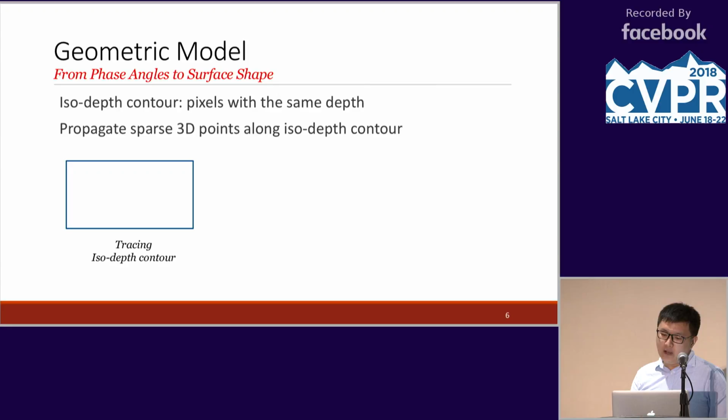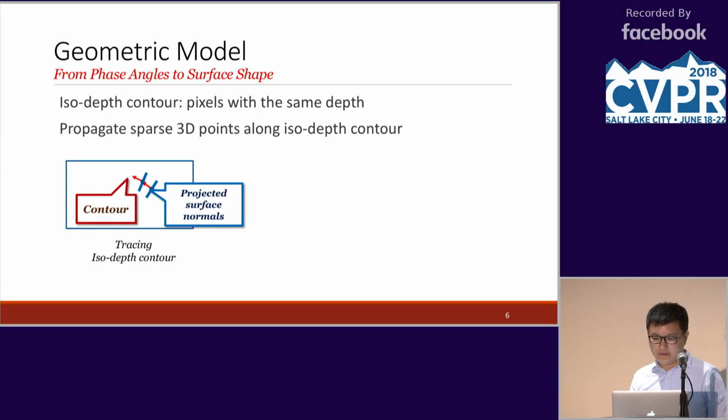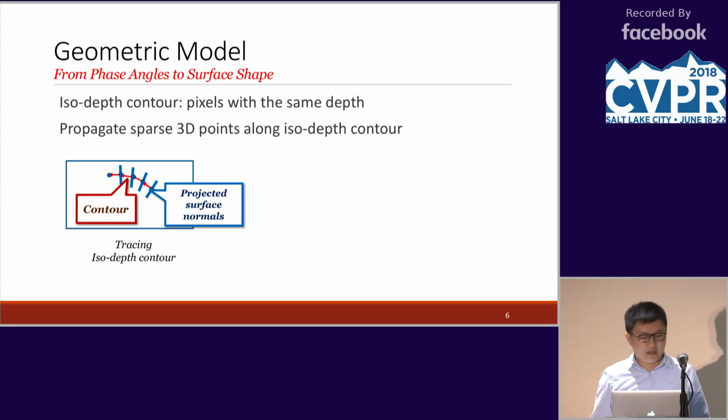Suppose we know the projected surface normal. It is possible that we can enhance the 3D reconstruction result. How? In particular, we can trace the so-called isodepth contours, which are locally perpendicular to the projected surface normal, as shown on the left side.